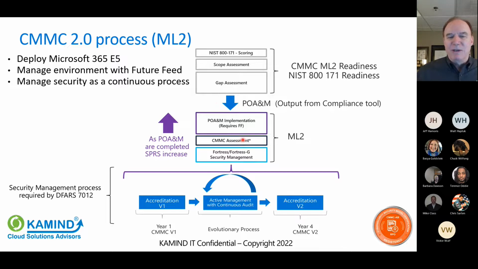Then you're going to go through a pre-assessment and certification, and then put a security management process in place to monitor and make sure you're compliant. And you're required to do this under DFARS 7012.